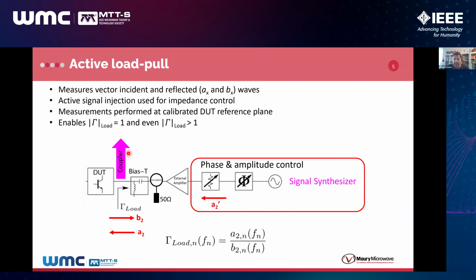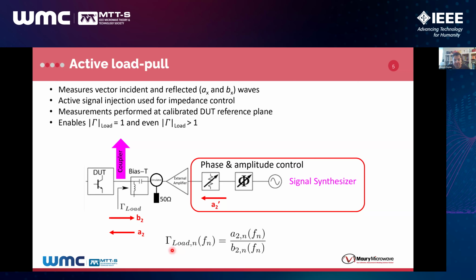In this case, we sample the signal after your transistor, the A2 signal, B2 signal. Then we have a digital control system here. Since we know the exact phase and amplitude of the B2 signal, a computer control system can generate a suitable A2 signal to generate any load impedance here.